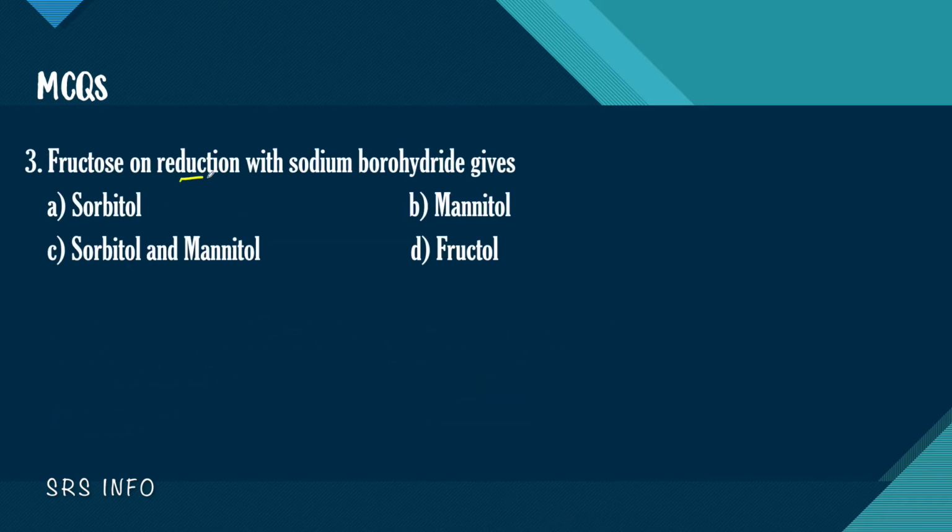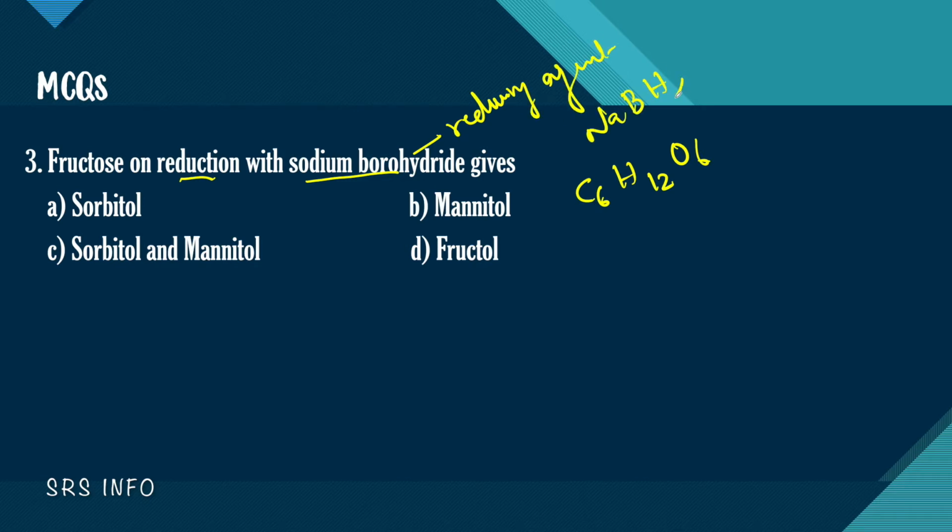Next, fructose on reduction with sodium borohydride gives what? What is fructose? Fructose is C6H12O6. Okay, and sodium borohydride, which is a reducing agent, NaBH4, sodium borohydride.